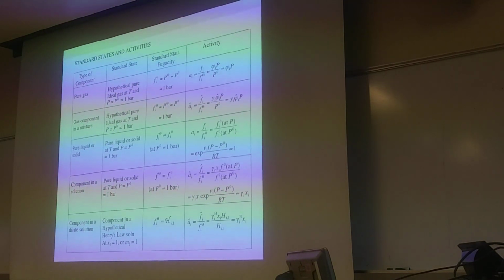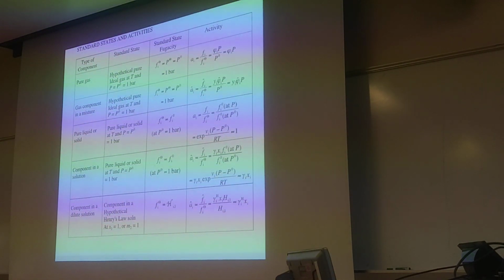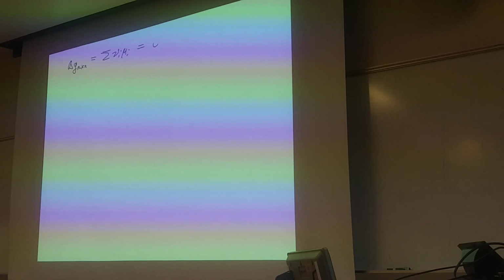And here I have it all summarized. I posted this so you could have it for a reference, and this is where we will go to implement our statement of the equilibrium criterion. If we go back, what we remember is that our equilibrium criterion was that the Gibbs free energy of reaction is equal to 0.